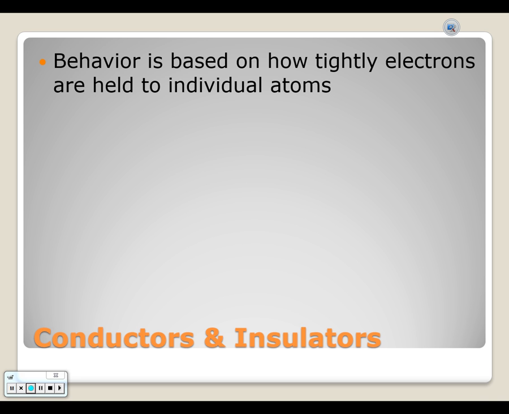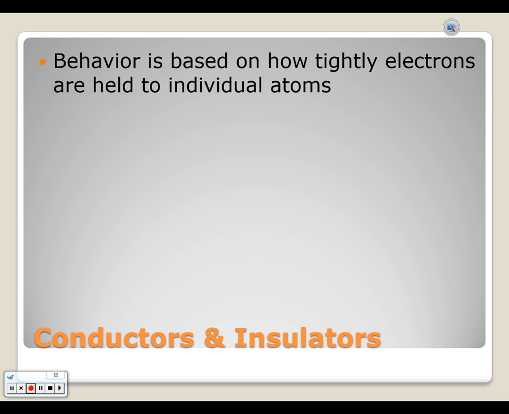Electrons on the outer edge. Remember that in conductors, those outside electrons are loosely connected to an atom, but they can flow from one atom to the next, and that allows the charge to flow. But insulators, on the other hand, hold on to their valence electrons more tightly, which doesn't allow those charges to flow.